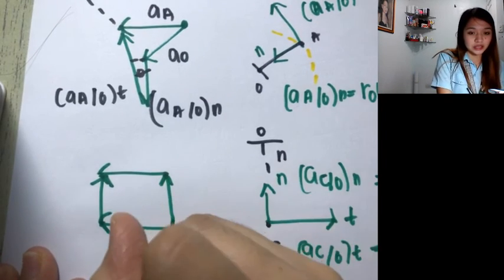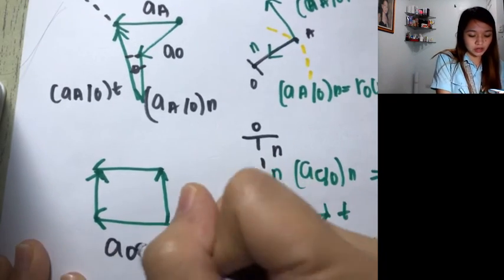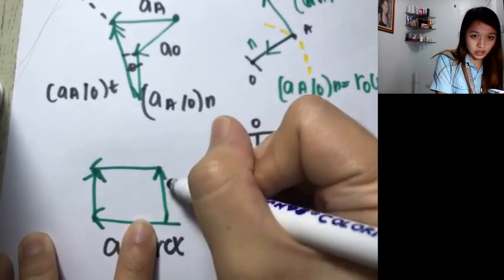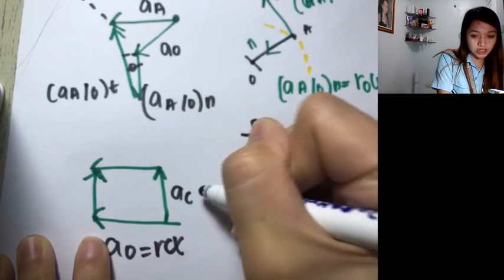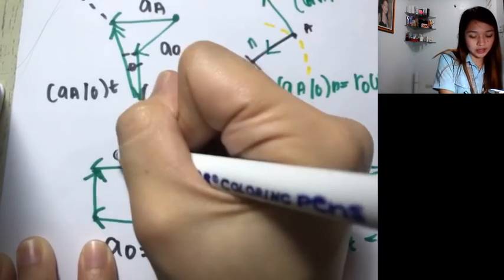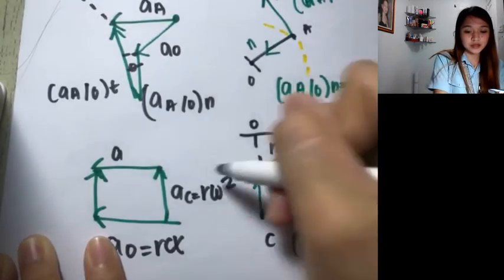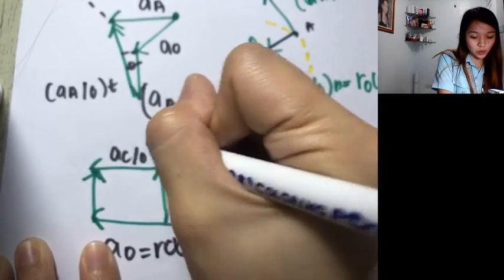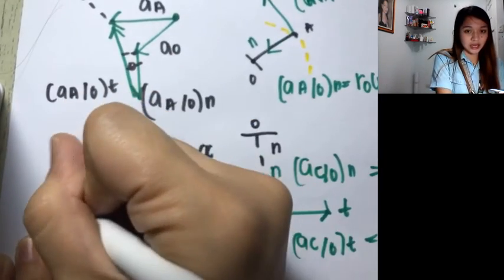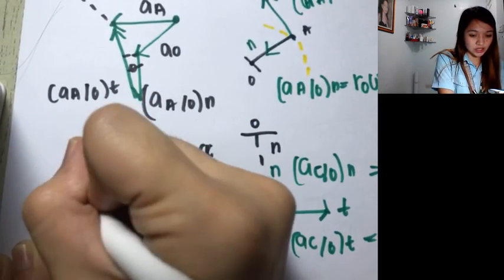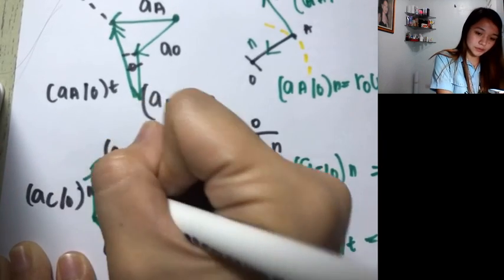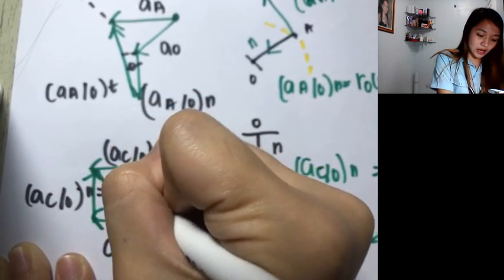This one is AO, R alpha, and this one is our A to C, R angular squared, and this one is A to C to O, tangential equals R alpha, and lastly the A to C O normal is equal to R angular squared.